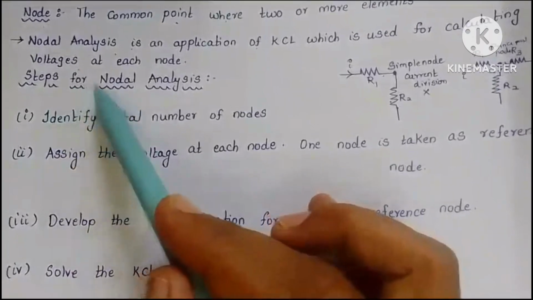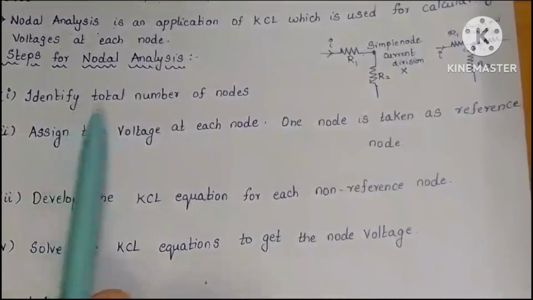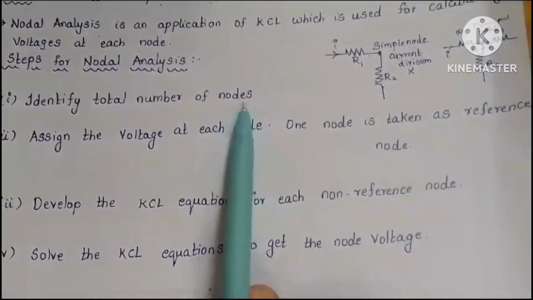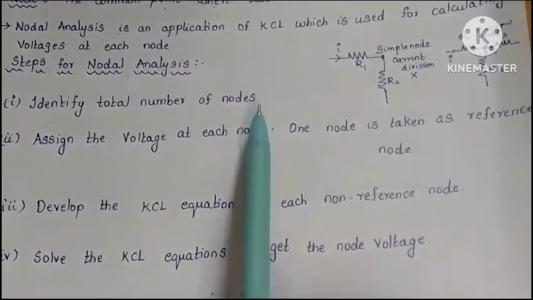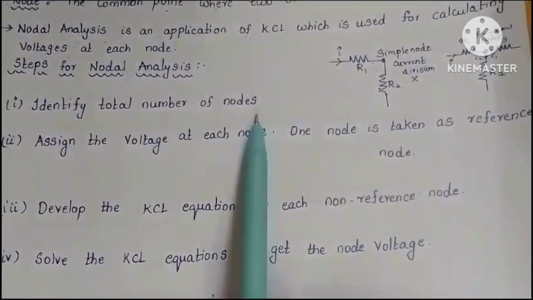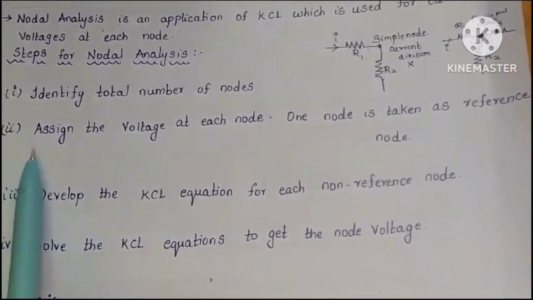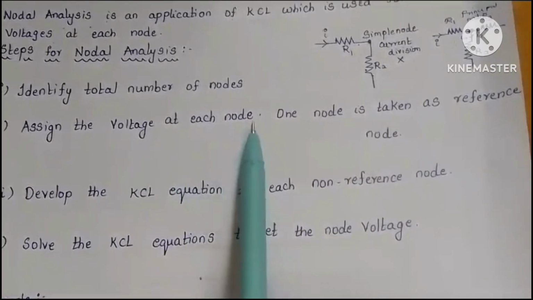The steps for nodal analysis are as follows. The first step is to identify the total number of nodes. Here node implies the principal nodes where more than two elements are connected. The second step is to assign the voltage at each node.